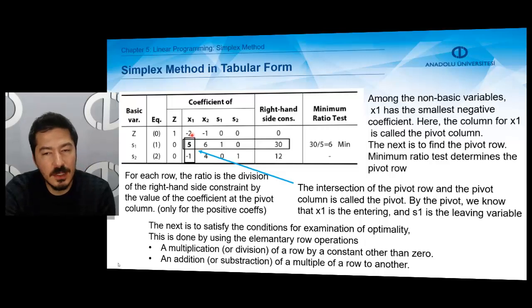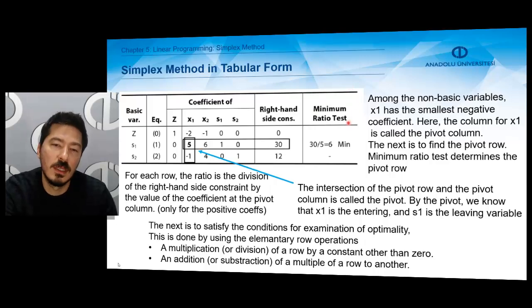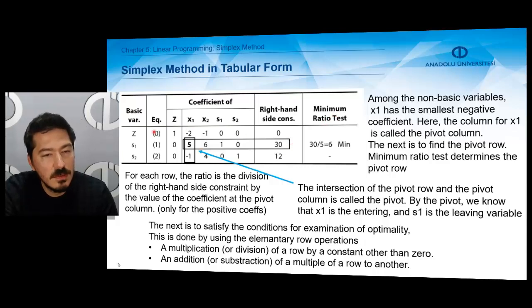The next is to find the pivot row. The minimum ratio test determines the pivot row. The minimum ratio test is in the last column of this table. For each row, the ratio is the division of the right-hand side constant by the value of the coefficient at the pivot column. This is done only for the positive coefficients at the pivot column.